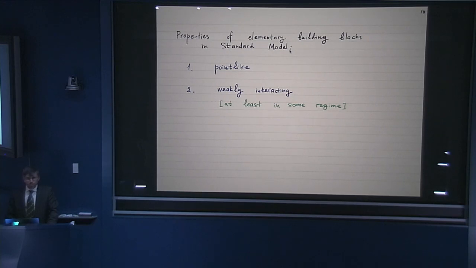This second property is very important because it allows us to separate the system and say, okay, this system is made out of a few particles, and we can separate them into components. But if the particles are strongly interacting, then you cannot even cleanly separate them, and the whole concept of composite and elementary particle would make little sense. So that's why it's important.